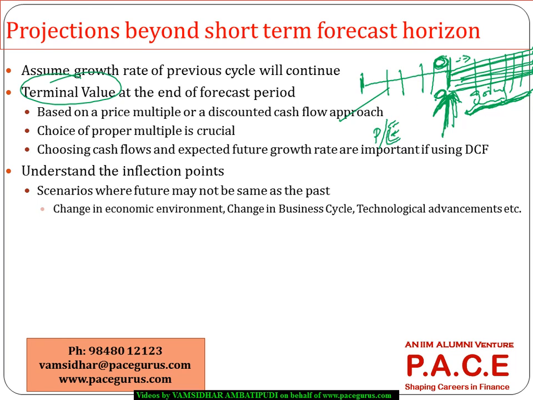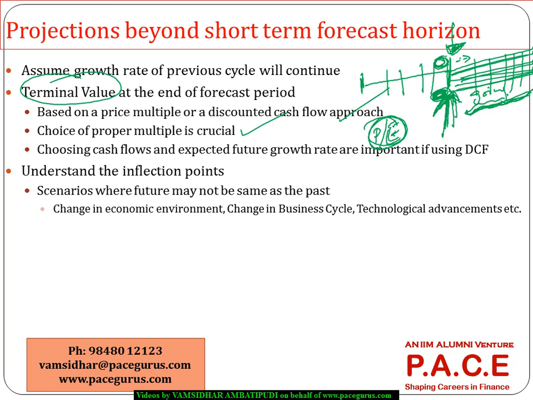Here I will know the EPS for this particular year, and I'll assume some kind of price to earnings multiple, based on which I will decide what should be the price at this particular point in time. If I am using the relative valuation approach, choosing the proper multiple is a very important thing.